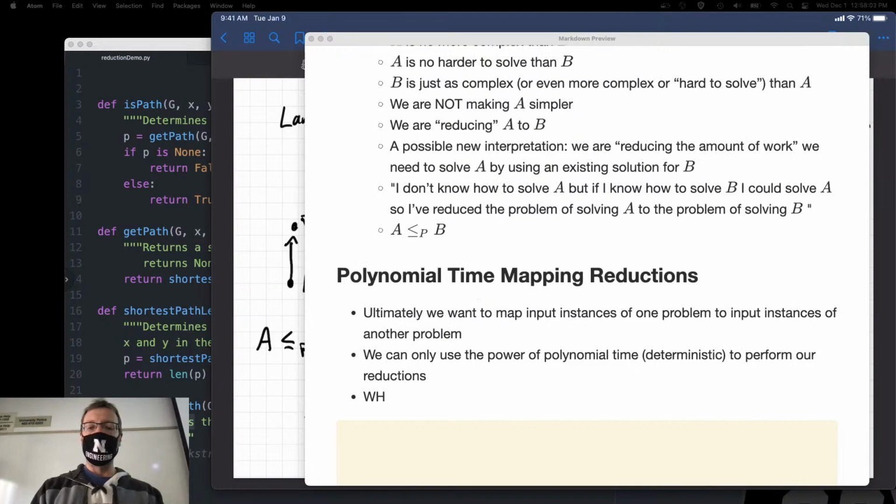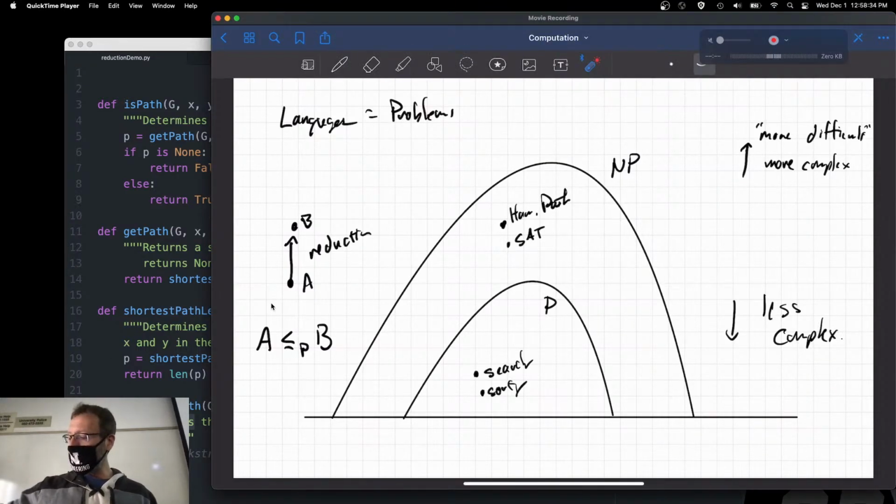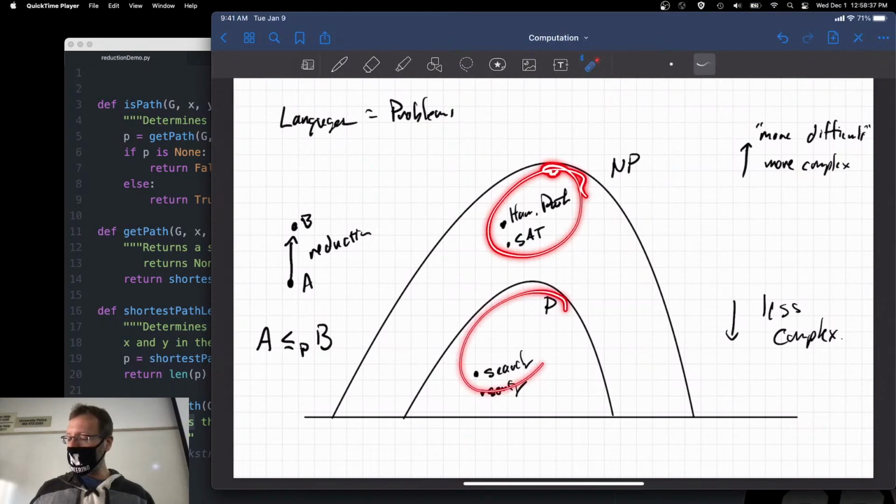Why? If we used anything more powerful, we'd be cheating. What if I use the power of NP? Remember, NP can solve satisfiability. If I just use the power of NP to solve satisfiability, then of course that's trivially reduced to itself. What I want to do is establish relative complexities among problems in the same classes, between those two.